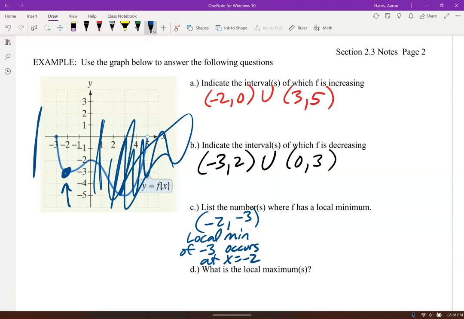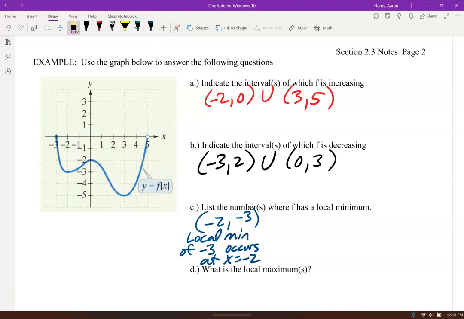Now, where's the other minimum? Let me erase this. Let's just look in this area over here, and forget about the left-hand side. In this area, that's my lowest point right there.